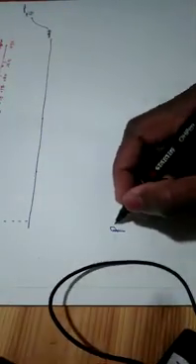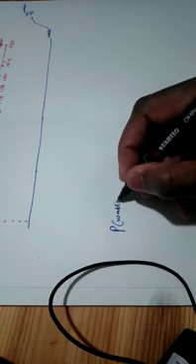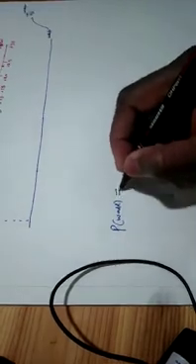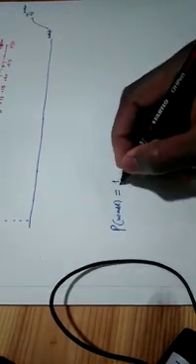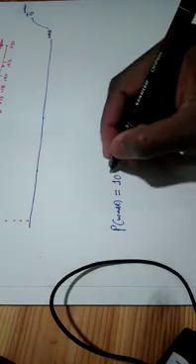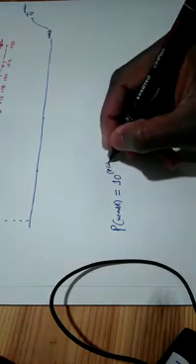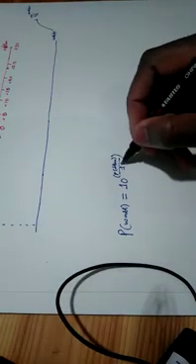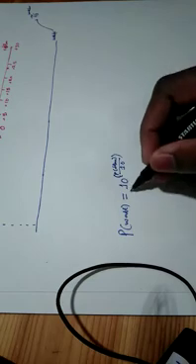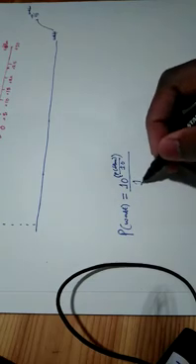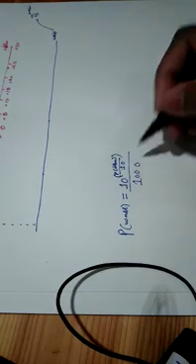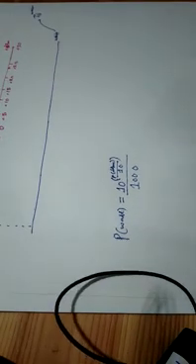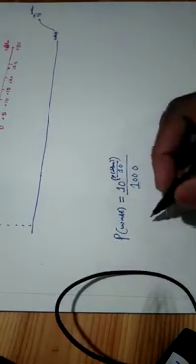So let's say we take P in watt equals 10 raised to the power of P in dBm, over 10, over 1,000, right? And what was our given?